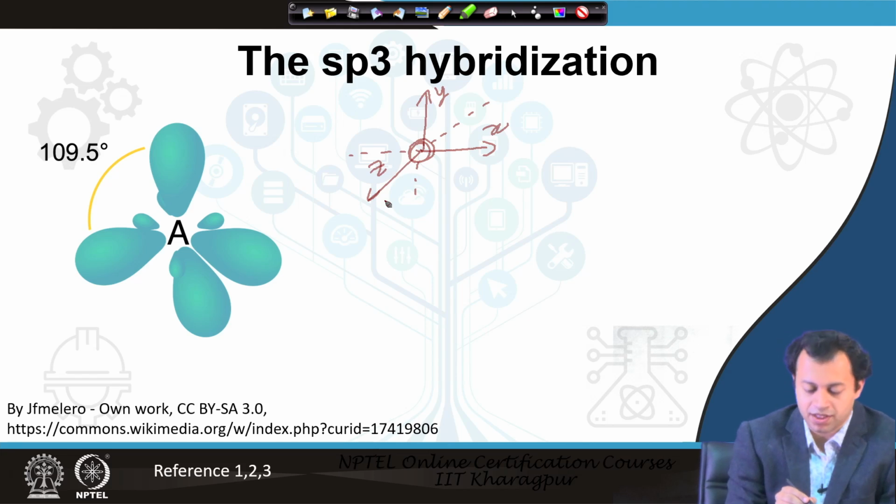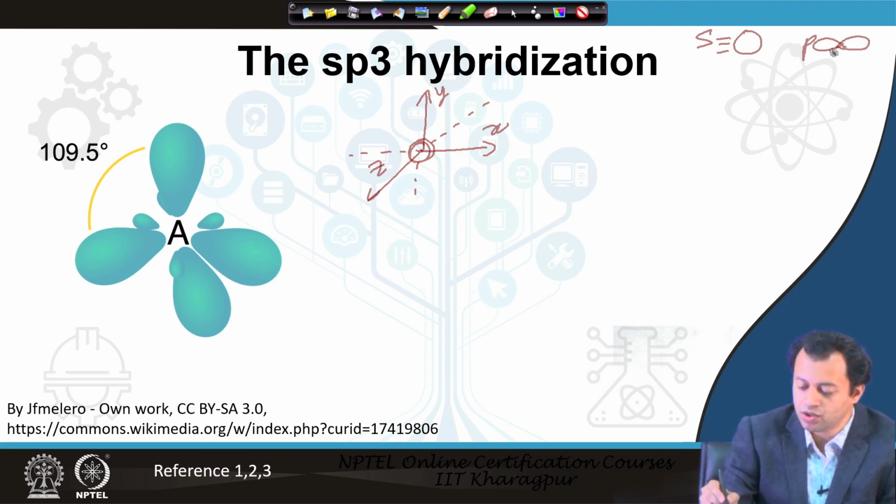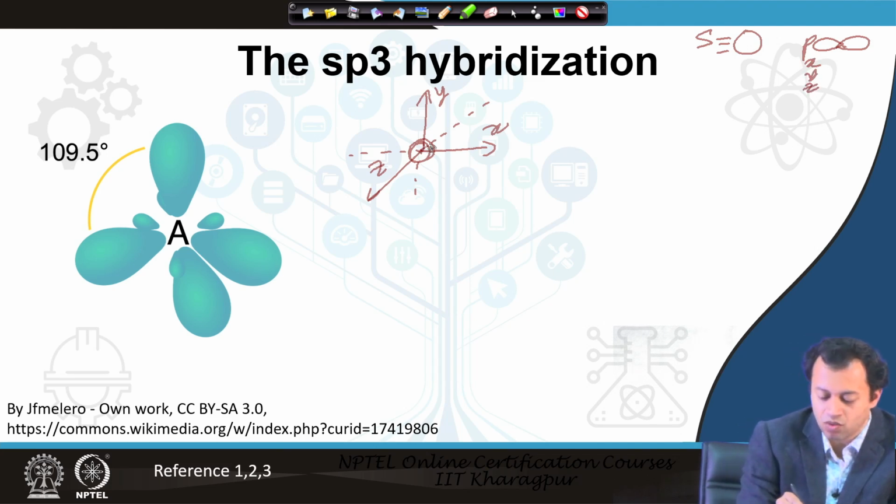The p orbital is usually dumbbell shaped. So, the s orbital is spherical and the p orbital is dumbbell shaped. Depending on px, py and pz, you have their orientation. So, px is oriented in this particular direction, py in this direction and pz in this direction.